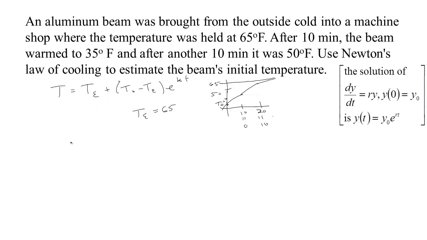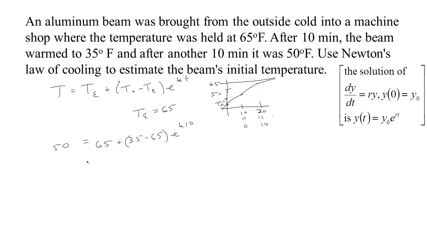If we use this equation, in that case the initial temperature was 35, the temperature of the environment was 65, we have e to the k times 10 minutes, and the temperature of the environment is still 65. We know after 10 minutes, if we started at a temperature of 35, we got up to a temperature of 50. So we can solve this equation.